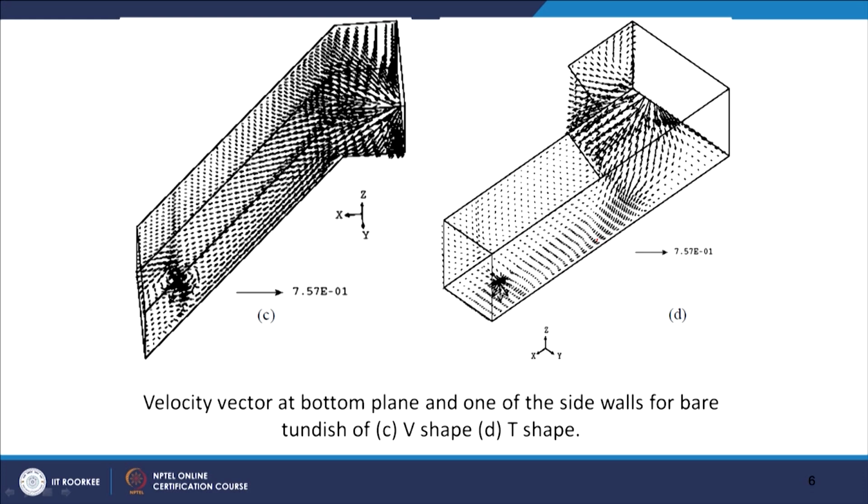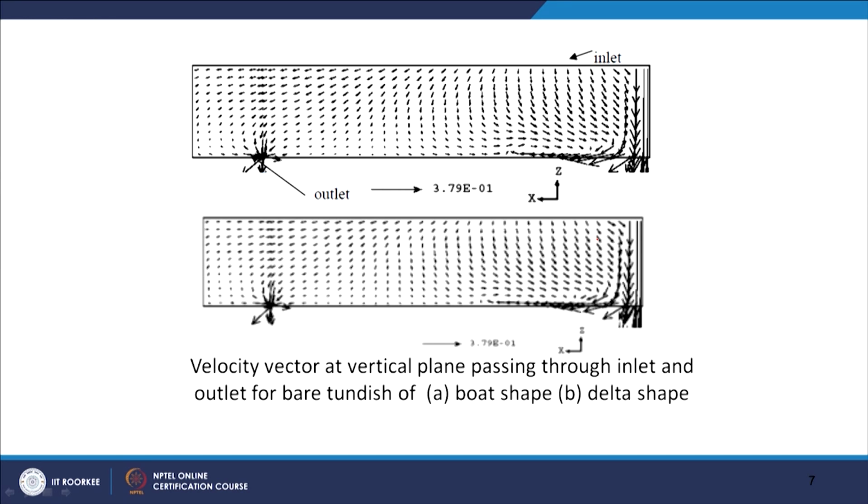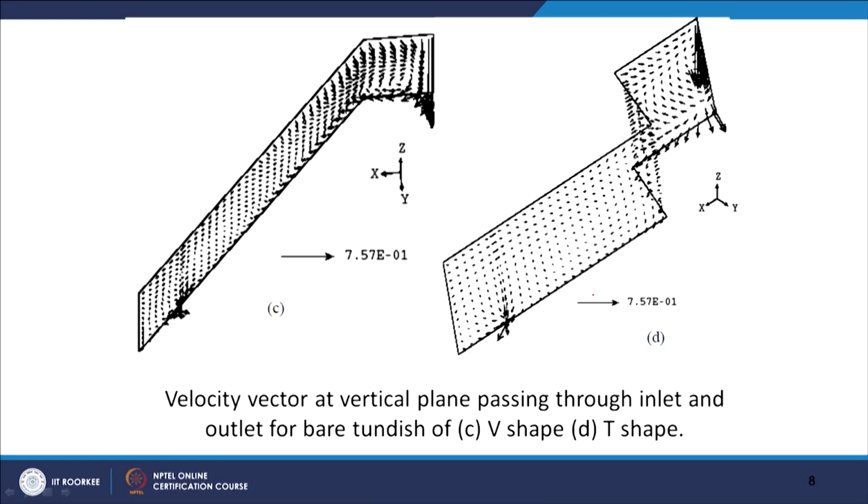So, this is how the velocity vectors are seen. You can have the velocity vectors also on the vertical planes passing through the inlet and outlet, because we have the inlet and outlet on a vertical plane. For the boat shape it is showing like this. For the delta shape, you can have this inlet and outlet plane, with the velocity vectors going like that.